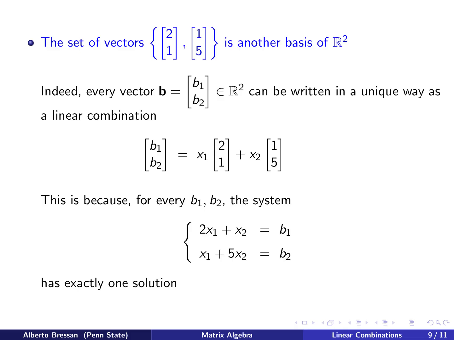Let's say the coefficients are x1 and x2 for that linear combination, and we have this equation. And if we write out each element in this vector, we have a system of two equations. And you can verify that this has a unique solution.